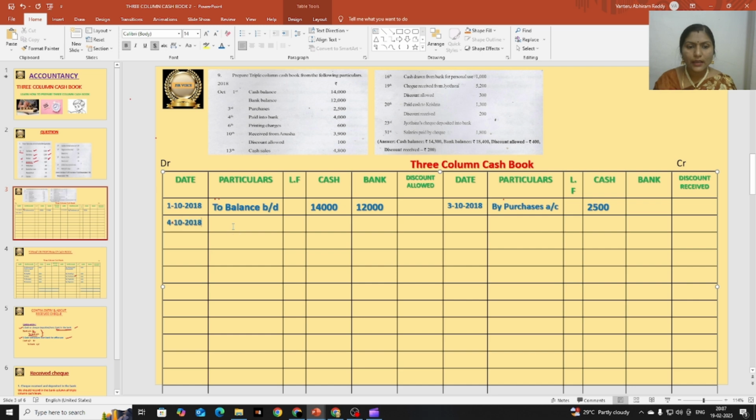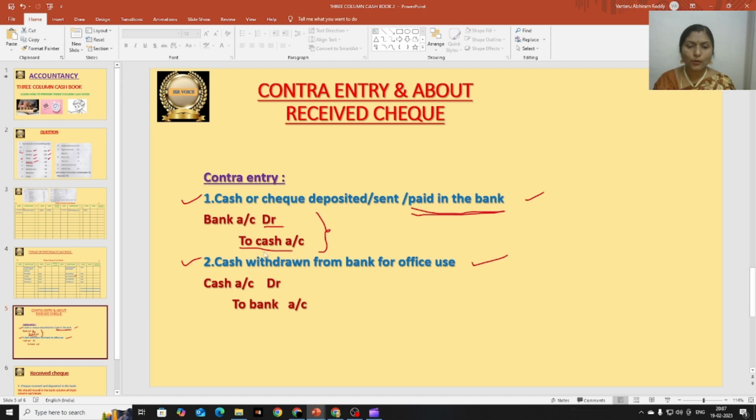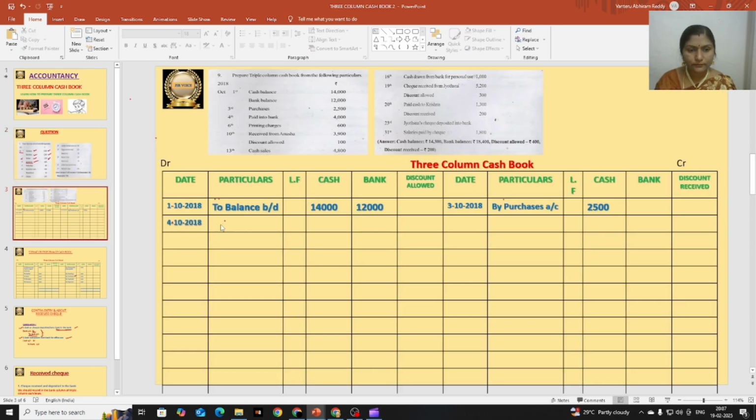I recorded the date, and in the particulars column we are going to write the contra entry. So paid into bank. I said that first we should write "to cash account", so we will write "to cash account" and on the credit side "by bank account".